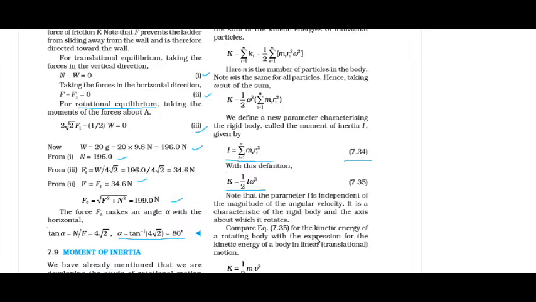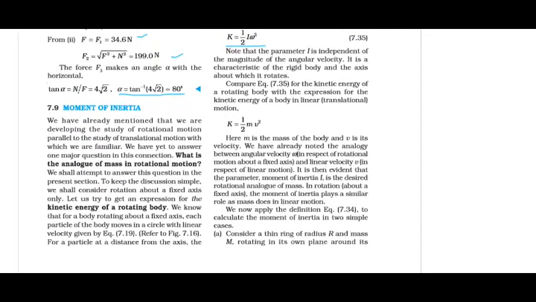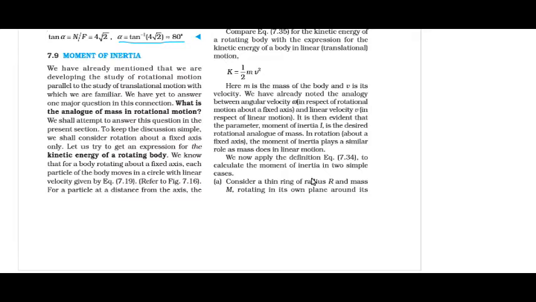Compare equation 7.35 for the kinetic energy of a rotating body with the expression for the kinetic energy of a body in linear or translational motion, K is equal to half m v square. Here m is the mass of the body and v is its velocity. We have already noted the analogy between the angular velocity omega in rotational motion about a fixed axis and linear velocity v in linear motion.